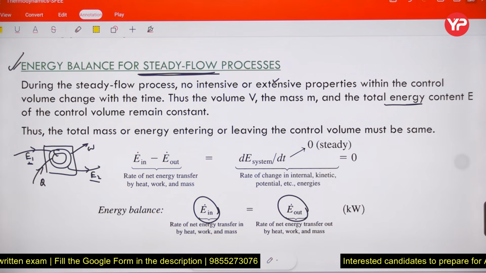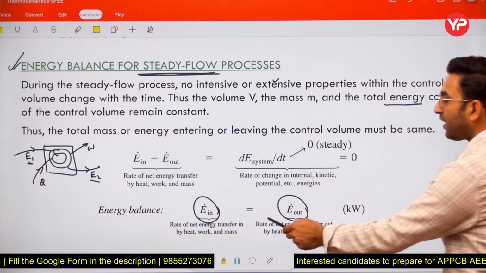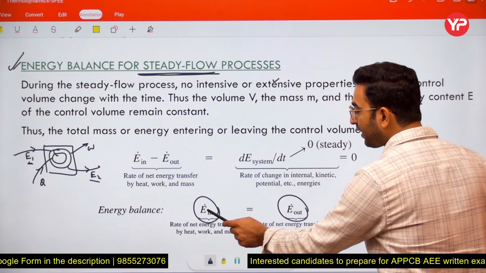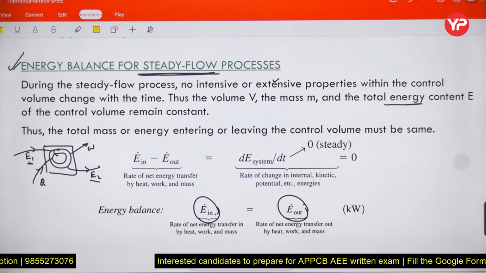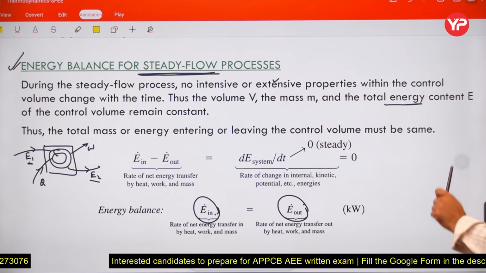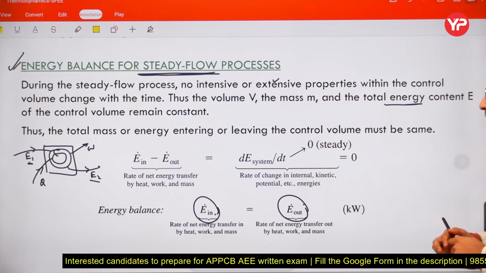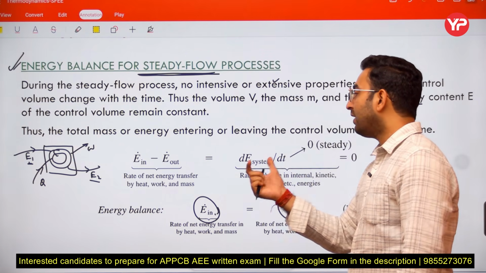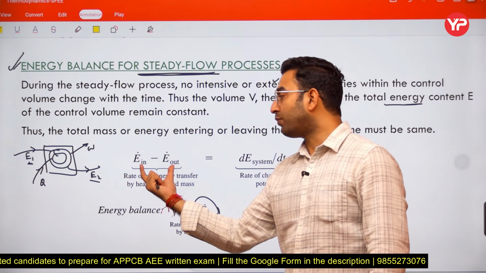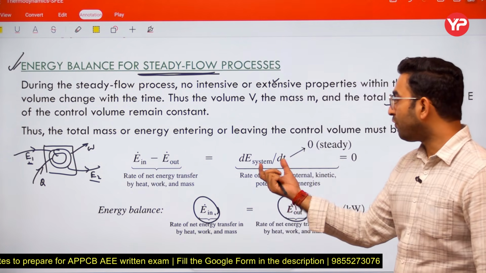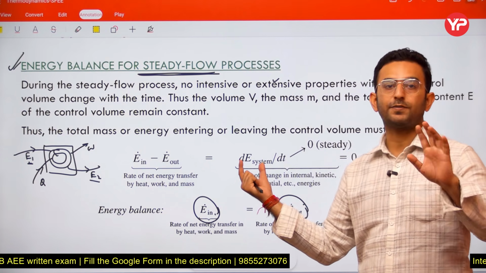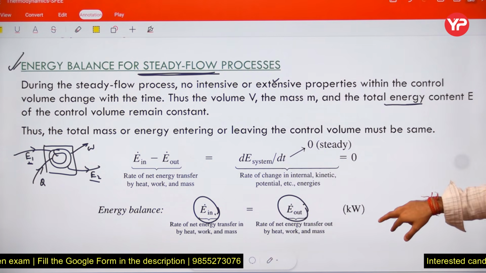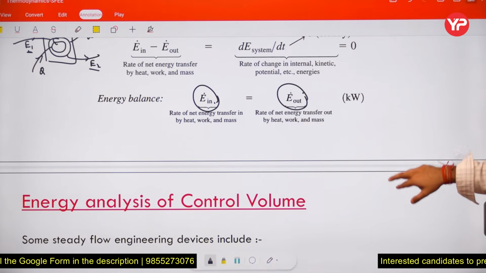In the case of steady flow process, the rate of net energy transfer in must be equal to the rate of net energy transfer exiting the system. But if you are dealing with unsteady flow processes, the difference is not going to be zero. Due to this, the energy inside the system is going to continuously change with respect to time. Okay, that we have to remember here.